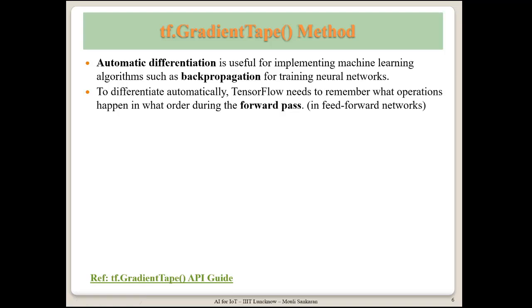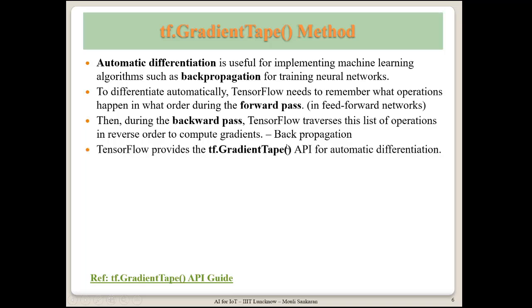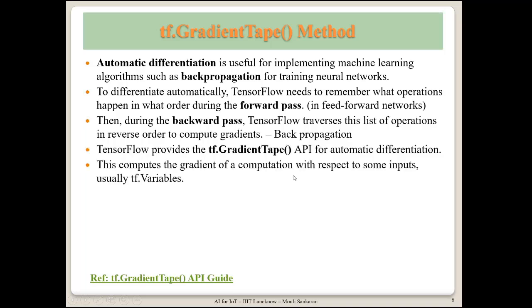So it remembers all the calculations you have done, and during the back propagation, it uses it. That's why we put it under the gradient tape, you compute the values and then call the gradient function.